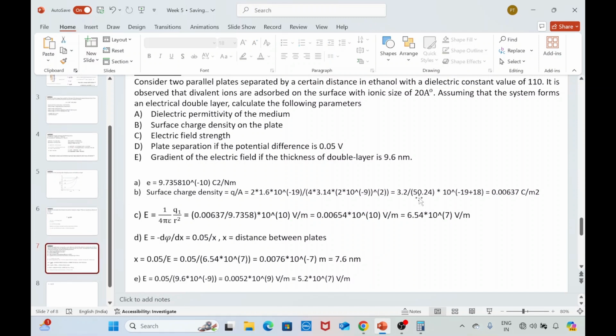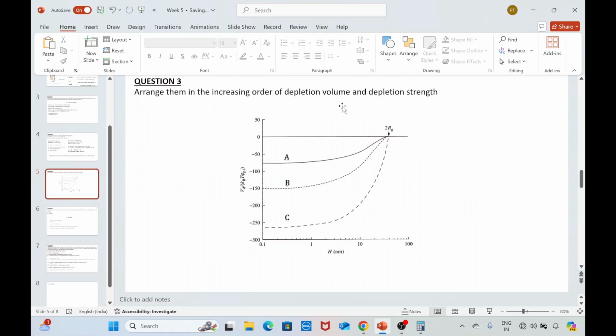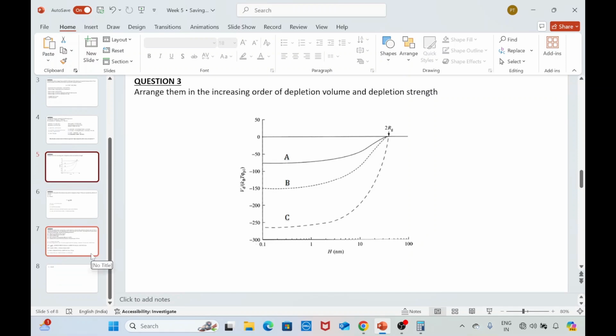If you have doubts, then please ask, or otherwise we will go for the last question for our fifth live interaction session. That is a very simple one. It will not take much time. It asks to arrange the following A, B, and C in the order of depletion volume and depletion strength. If you have no doubts there, then we will discuss this.